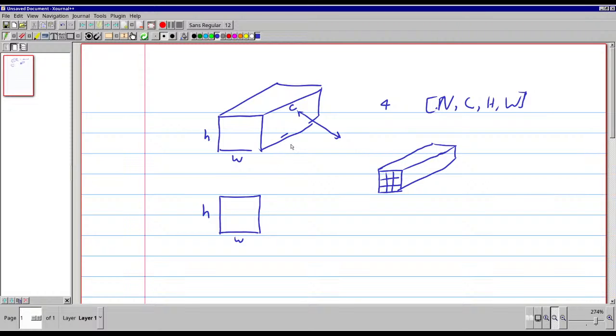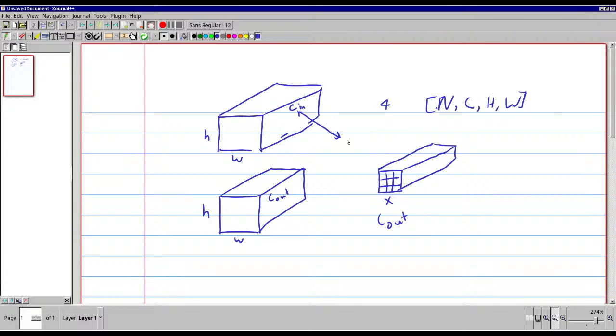If I want, let's say this is C in, if I want C out feature maps, then I will need C out different convolution filters.